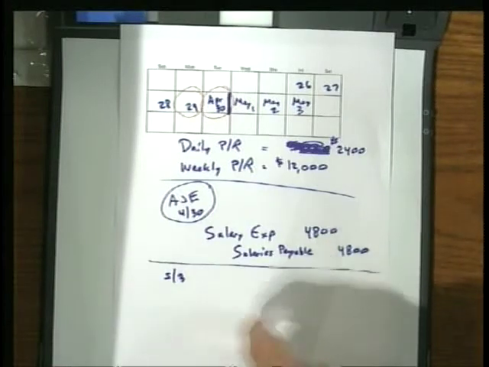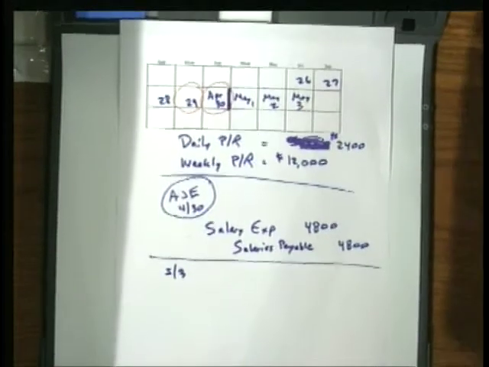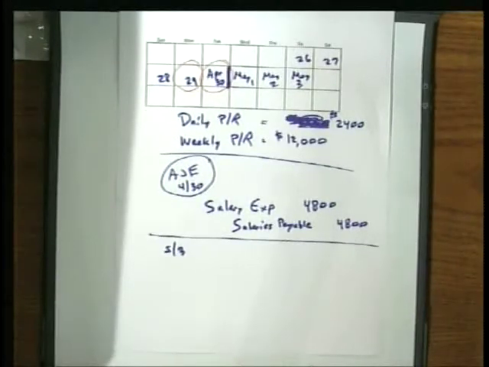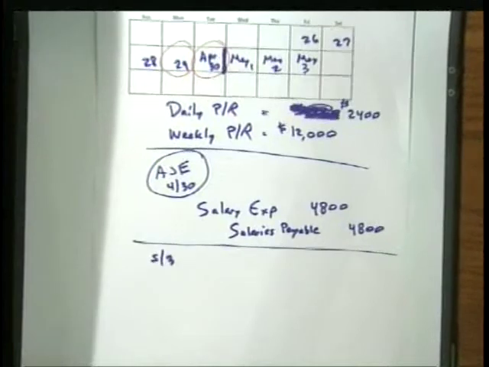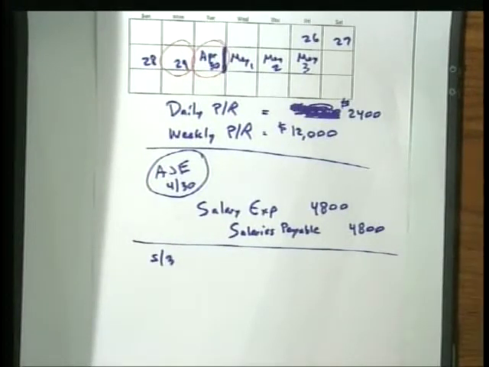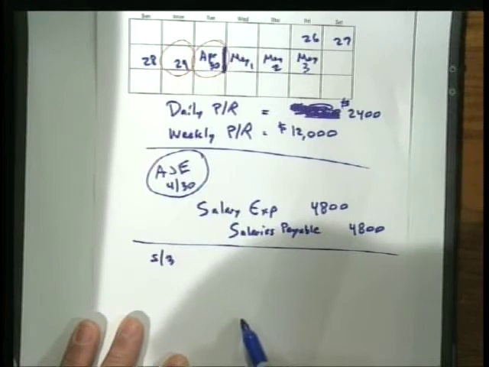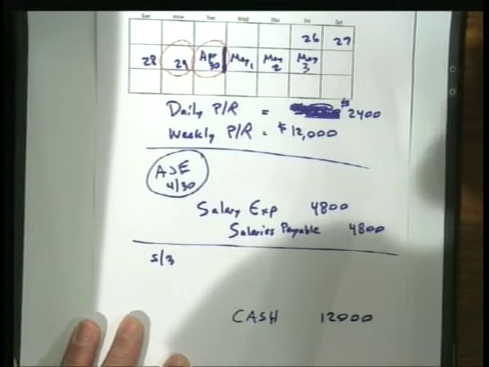This is not an AJE that we're going to make here. Okay? This is the subsequent entry for the cash disbursement, okay? Okay, how much do we pay out for weekly payroll in total? $12,000. So we are going to credit cash for $12,000. Okay?